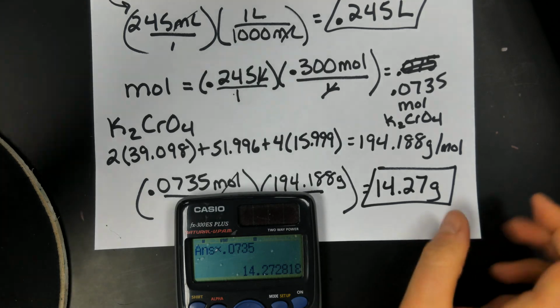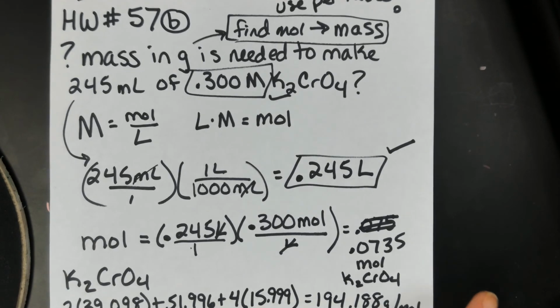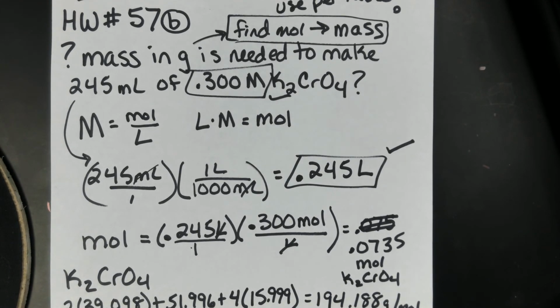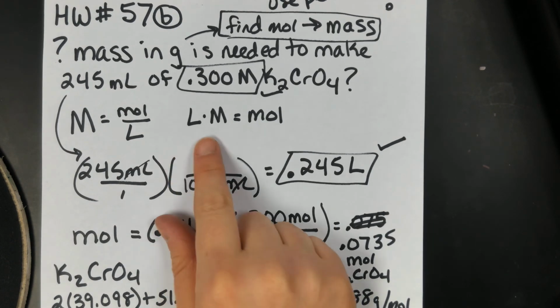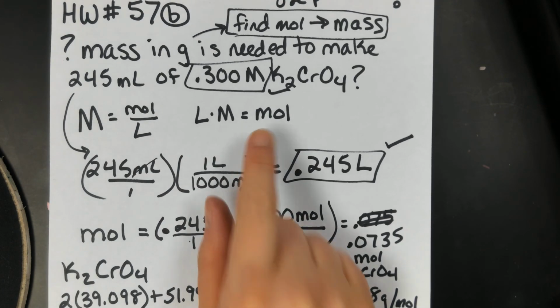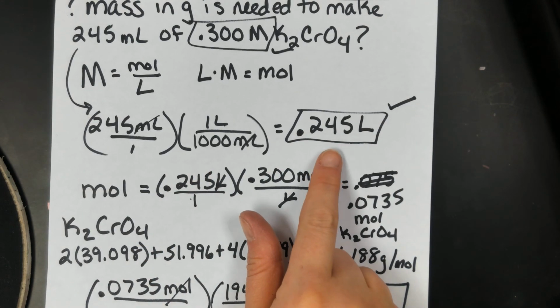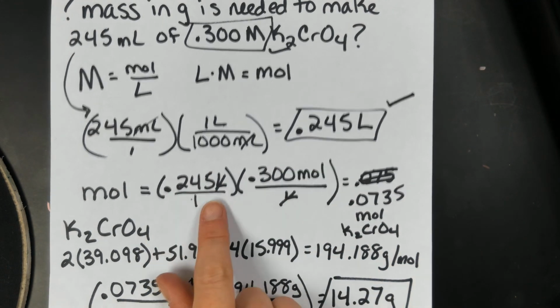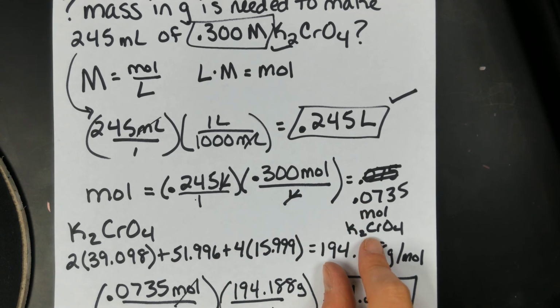So let's go back and look just for 1 second. The big question was, how many grams is needed to make 245 milliliters of this certain concentration? So my first goal is to find moles. And how do I do that? I manipulate the equation here. Liters times molarity is moles. We converted it to liters first. Then I did liters times molarity, and we found that we need 0.0735 moles.